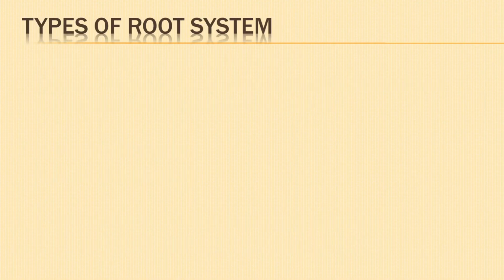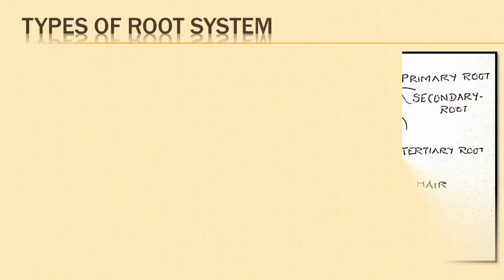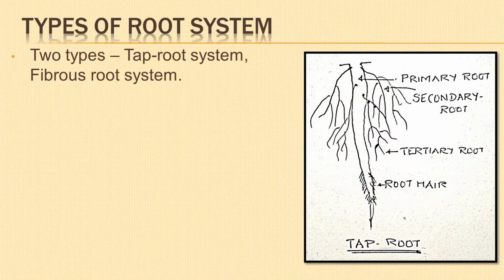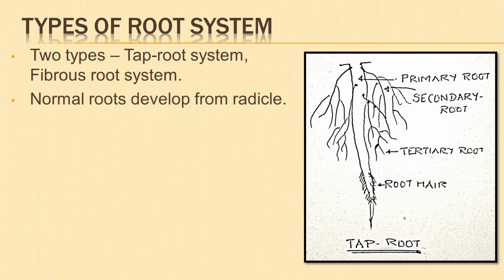Next are the types of root system. Two types of root system are found in plants, namely the taproot system and the fibrous root system. All roots that develop from the radicle are called normal roots.